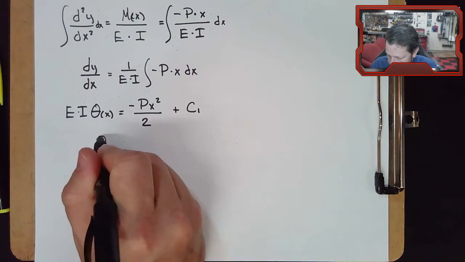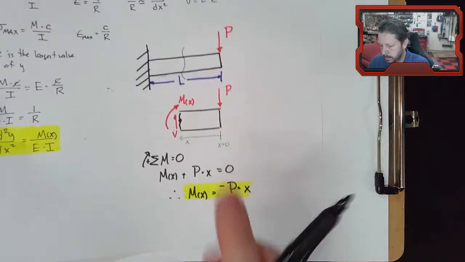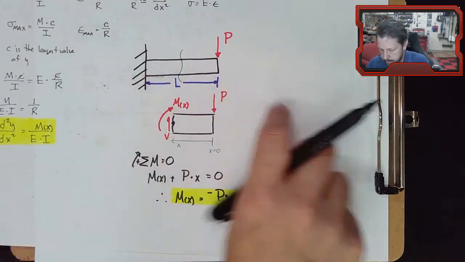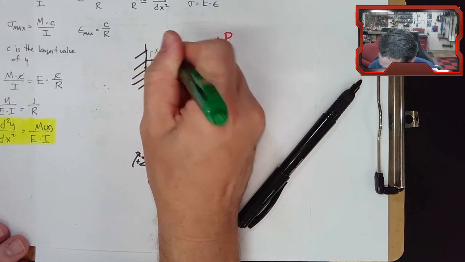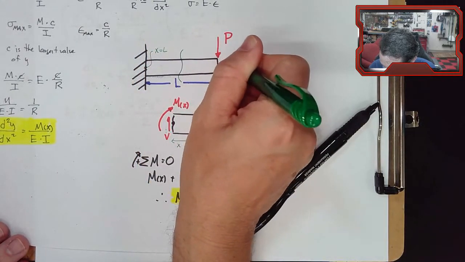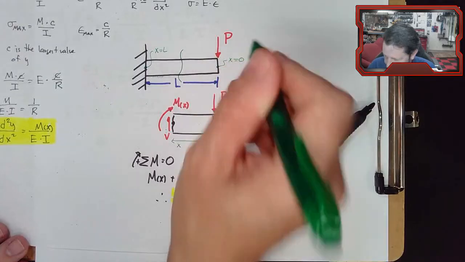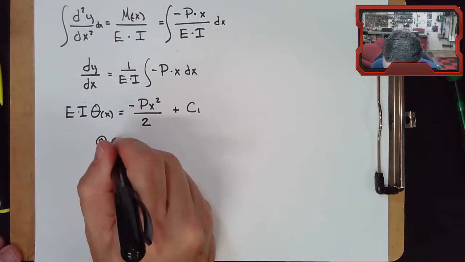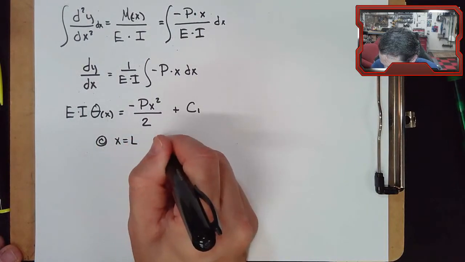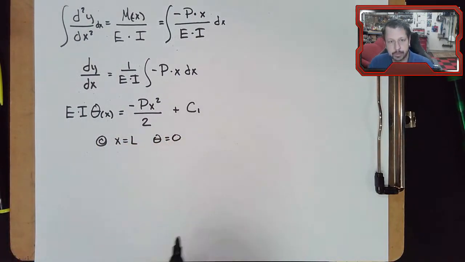So now remember for me, the wall is x equals L. At this end, x equals 0. So at x equals L, theta equals 0. The slope is horizontal.